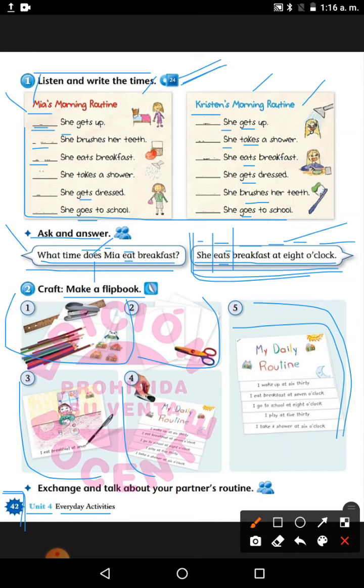You are going to take some sheets of paper, okay, your colors, your rulers, and if you need scissors, I recommend you ask for the help of your parents, okay?